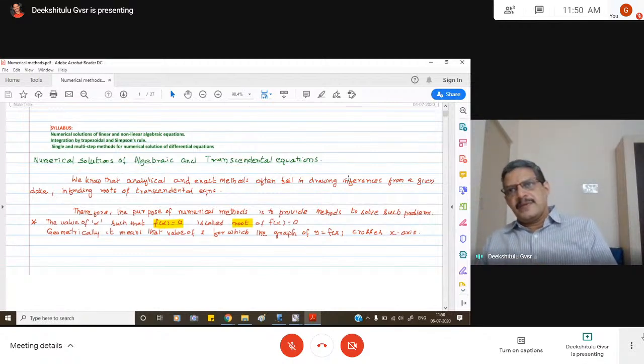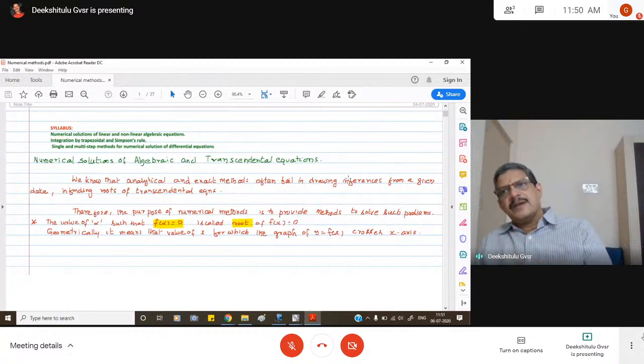We know what an algebraic equation is. If you want to find the roots of ax square plus bx plus c is equal to 0, a quadratic equation, then it's an algebraic equation. If you want to find the root of x power 6 is equal to 25, it's an algebraic equation. If you want to find the root of x plus 1 by x square plus some other thing, that is also an algebraic equation. They are all algebraic in nature.